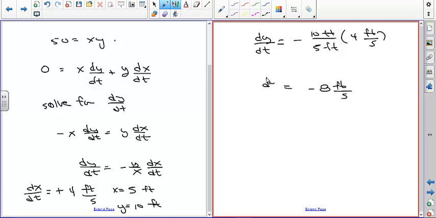And that makes sense because as the person walks towards the wall, the shadow should be getting shorter. At the wall, the shadow will be the person's height. When the person's right next to the light, the shadow is really long.